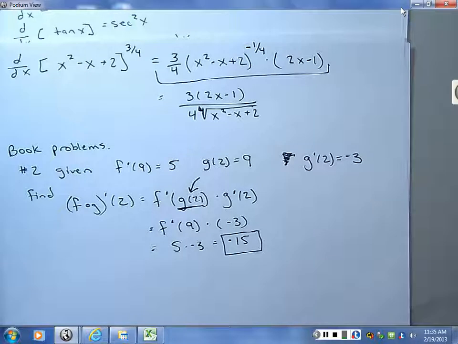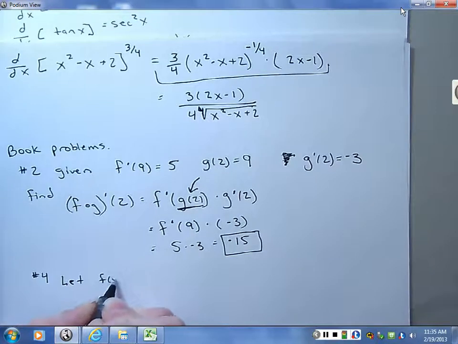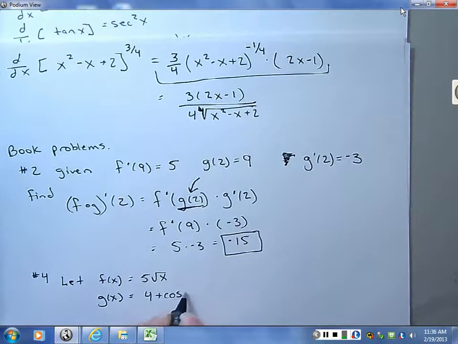So your book also has you set up compositions. Let's look at number 4. It says, let f of x equal 5 square root of x and g of x equal 4 plus cosine of x.